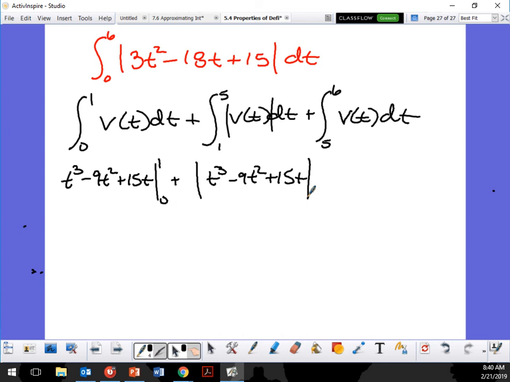It's just that you have to change your bounds. And what's that going to be from? 1 to 5, plus this one's going to be t cubed minus 9t squared plus 15t from 5 to 6.